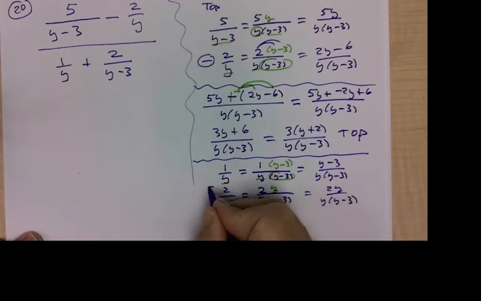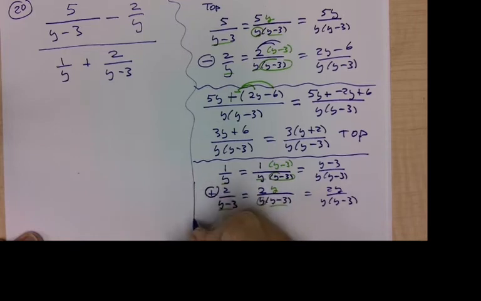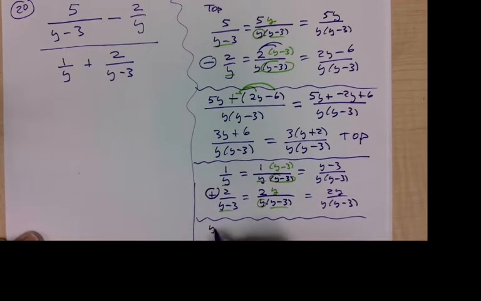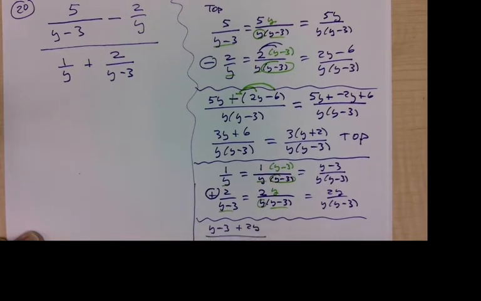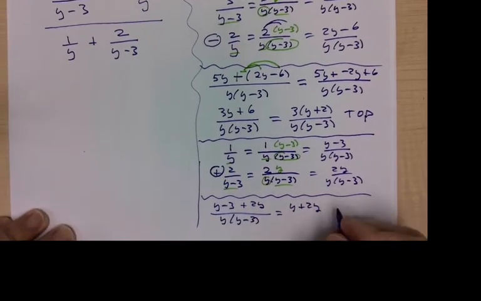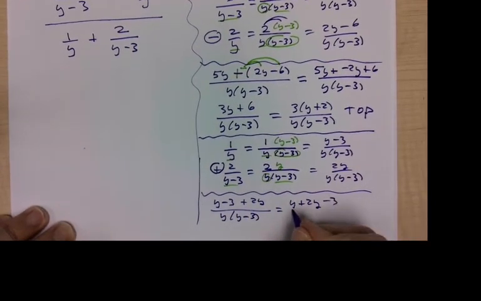So now we're going to add these two together. So y minus 3 plus 2y over y times y minus 3, which is y plus 2y minus 3 over y times y minus 3.